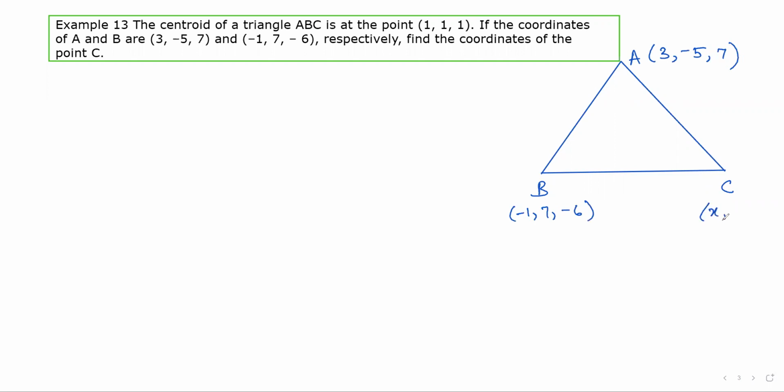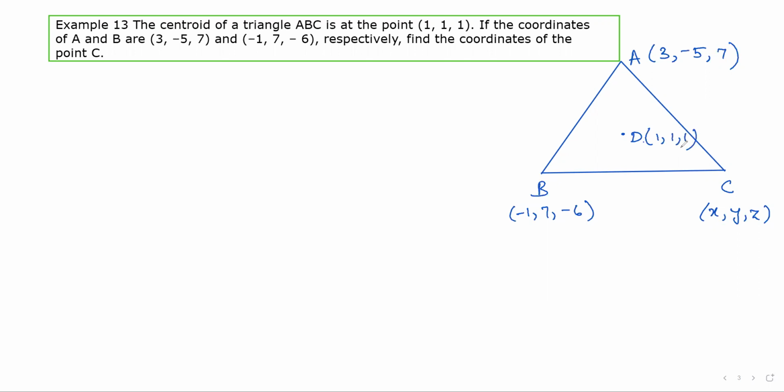And C you're supposed to calculate, which is (x, y, z). Sorry, centroid is given. So let's consider another variable. D is the centroid, and its coordinates are (1, 1, 1).